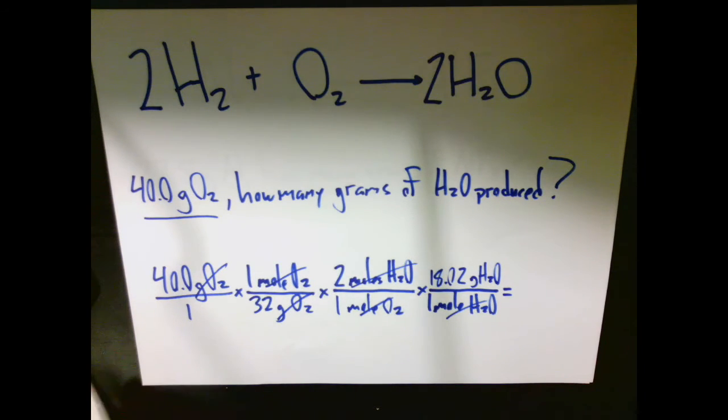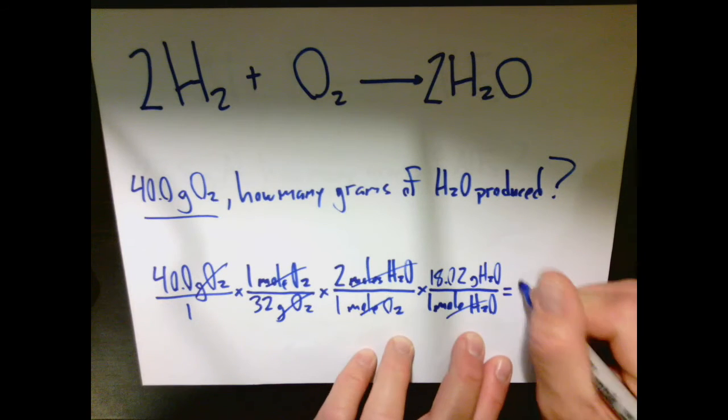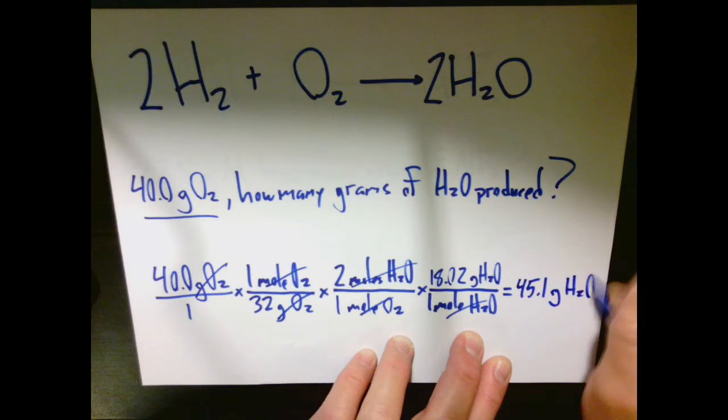Take a moment, pause the video, and see if you can calculate that. Okay, your answer, and I'm going to round to 3 sig figs. Why? The original measurement has 3 sig figs. 45.1 grams of H2O.